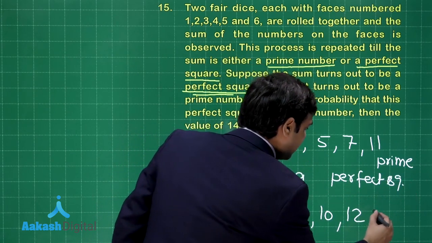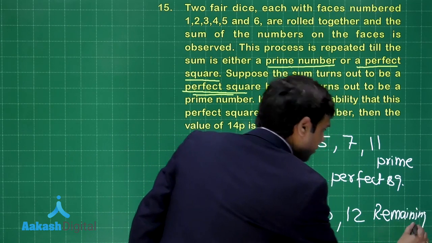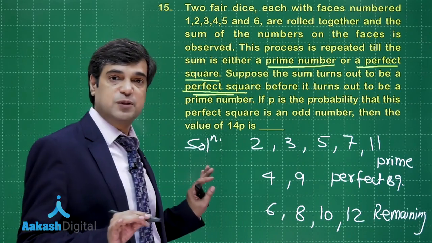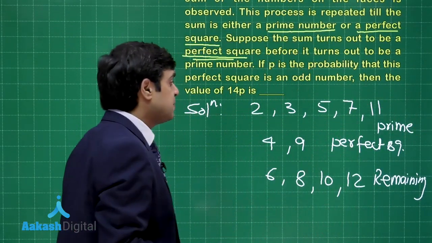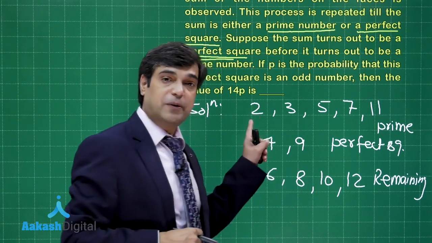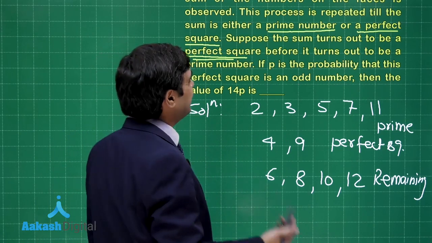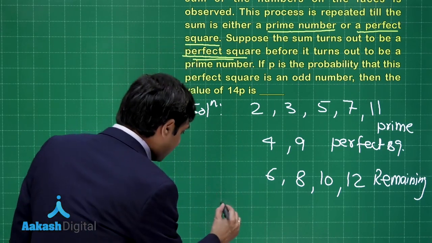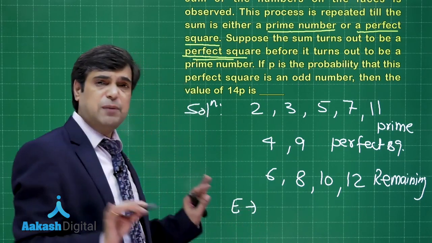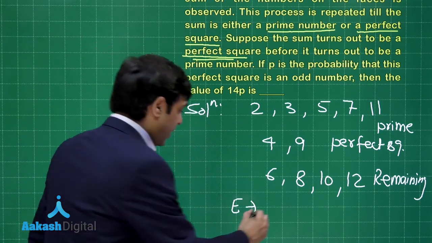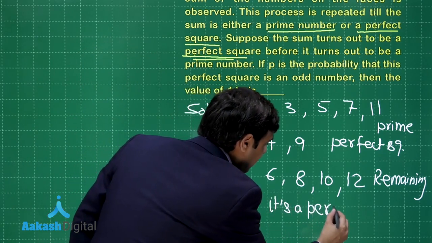And this is the remaining one. Correct? So these are the three cases possible. So when you talk about the sum, let's see how it is being configured. Sum 2 is obtained as 1, 1, sum 3 is obtained as 1, 2, 2, 1, and so on. Now what the question is saying, it is given that, let's consider two events. One is say E. I'm saying E meaning it is a perfect square.